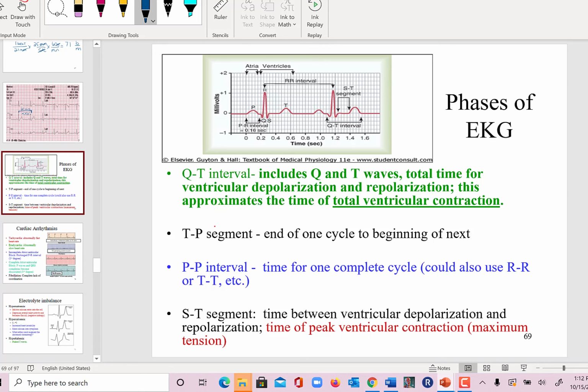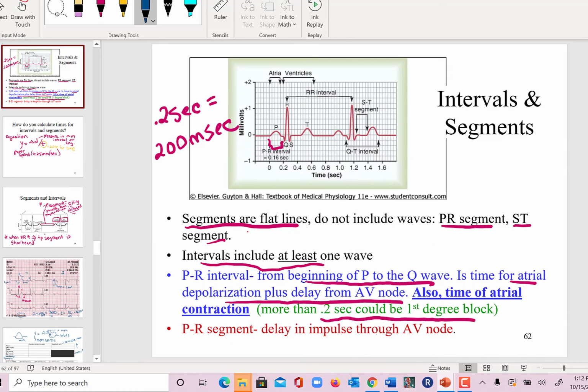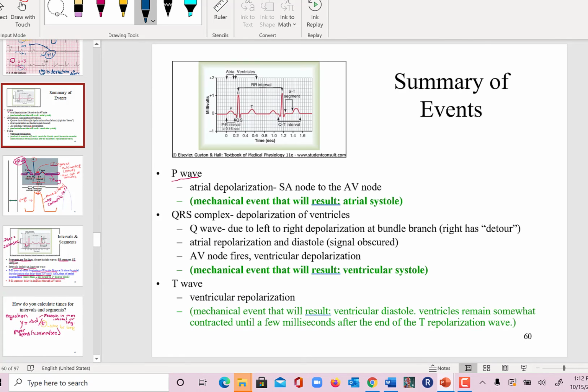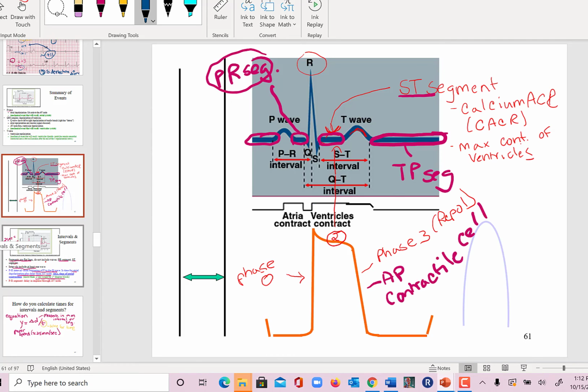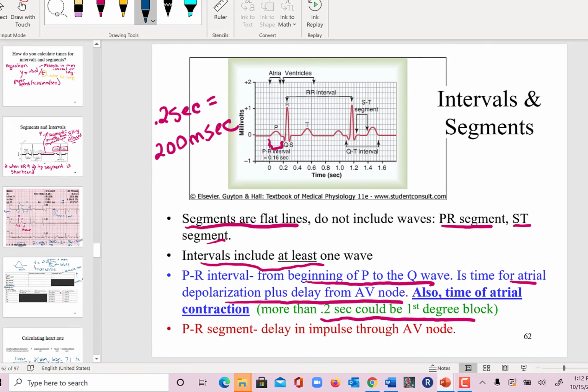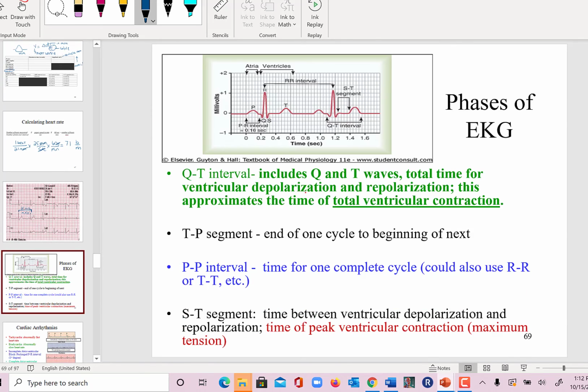That comes from slide 69, and it also comes from slide 62. Please review, and slide 60. Please be ready to match P wave, QRS complex, T wave, PR interval, PR segment, QT interval, shown here, TP segment, ST segment, PR segment. Be ready to match them with their descriptions.